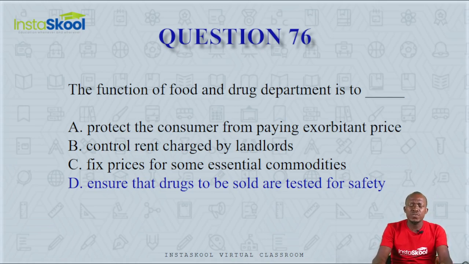The Food and Drug Department in Nigeria is called NAFDAC, the National Agency for Food and Drug Administration and Control. The essence is to ensure that food and drugs that are produced or sold in the country are of safe quality. So the essence is to ensure that drugs that are sold are tested for safety. Option D.